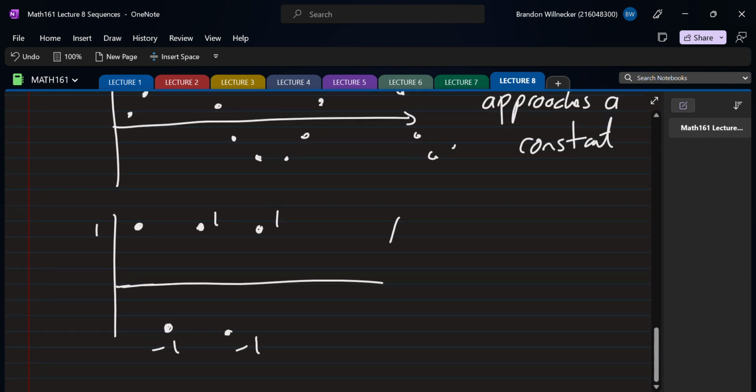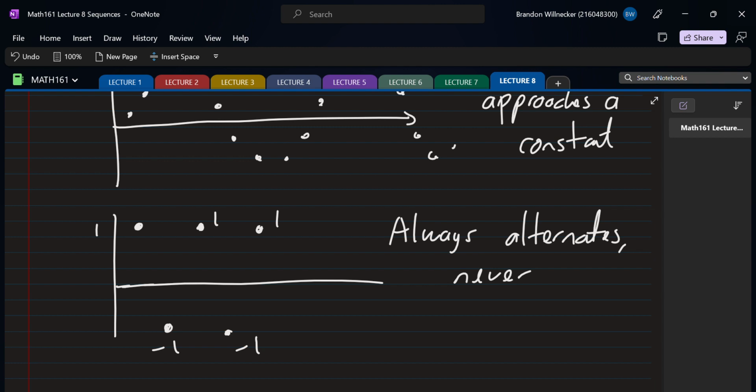So again here, it always alternates and never approaches a constant. Okay, so again, we've got this alternating behavior.